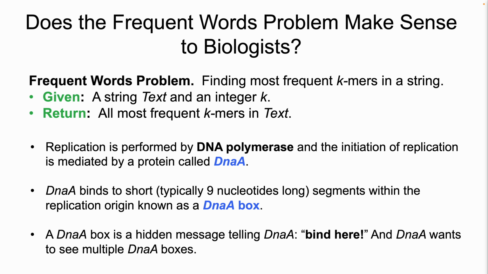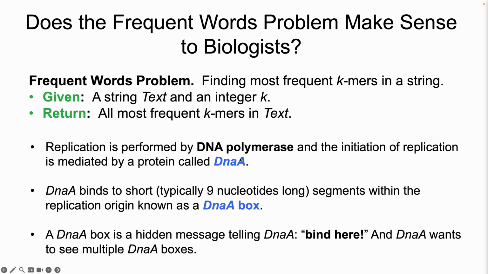The biologist, knowing something about transcription factors and how the biology of replication works, would say, yeah, we know that there's a DNA polymerase that initiates this process, and so it must have some kind of recognition site. We know transcription factor binding sites are pretty small, maybe not a 5-mer, but a 9-mer is not unreasonable.